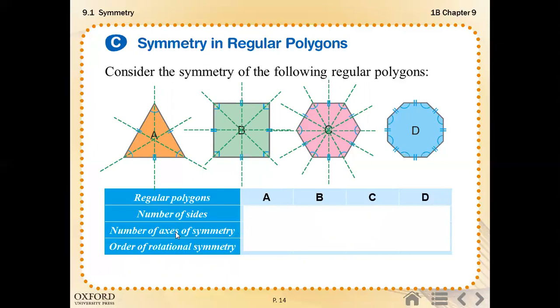So, can you get the number of axes of symmetry? And the last one, what shape is this one? How many sides are there? It's an octagon, 8 sides. So, how many axes of symmetry? Let's count.